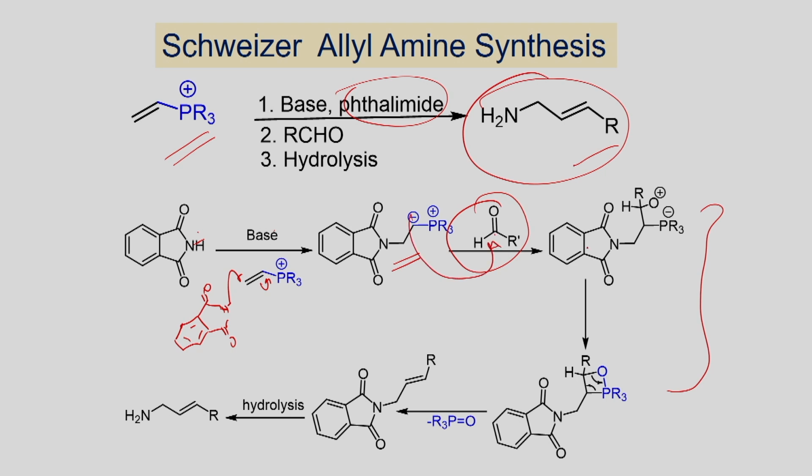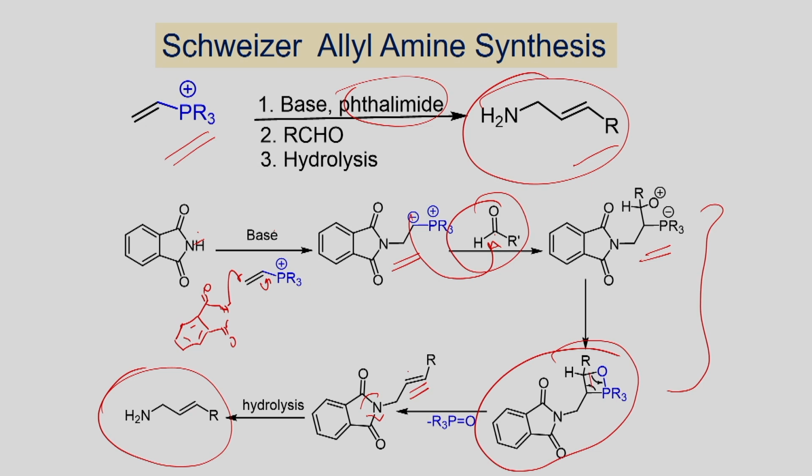Addition reaction can lead to the formation of this intermediate. Once you form this one, as we have already seen, it can lose phosphine oxide. Once you lose the triphenyl phosphine oxide, it can make the alkene. Once you form the alkene, then you can do hydrolysis, and you will be able to get this allylamine as a product.